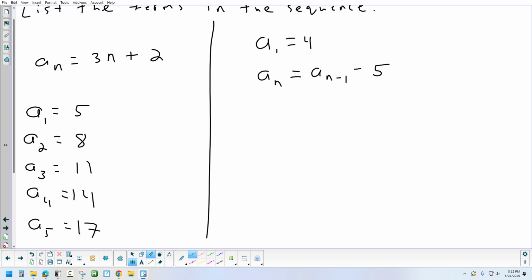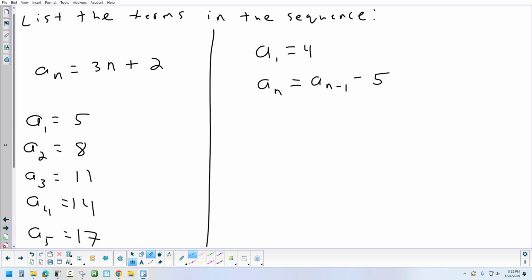Okay, now let's take a look at the one on the right. The one on the right, that's a different kind of formula. Does anybody remember what kind of formula that's called? Yep, recursive. Recursive means you do something to the term before to find the next one. So you can't just jump to like the 50th term here.